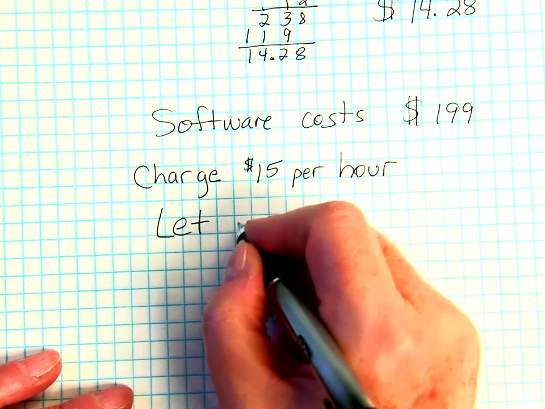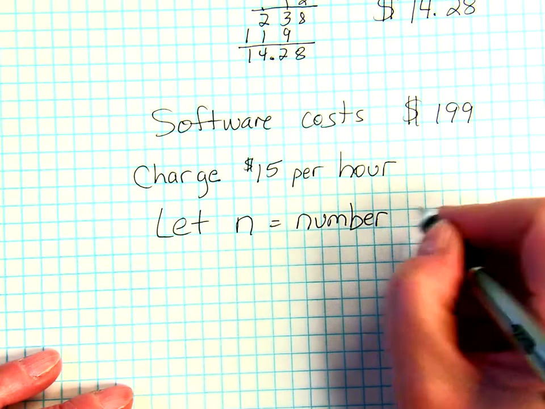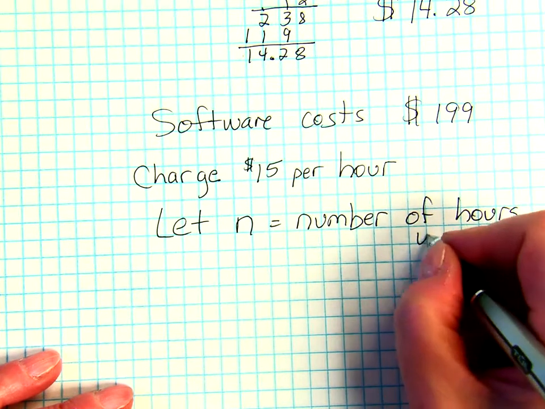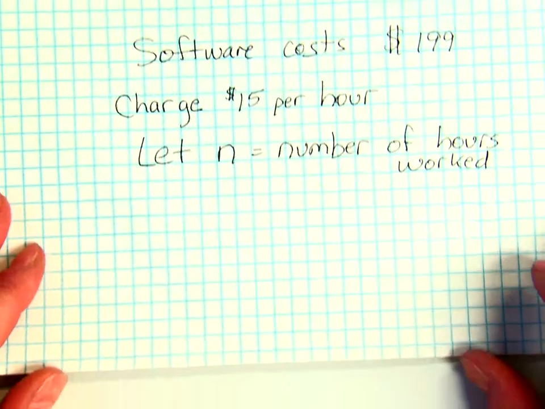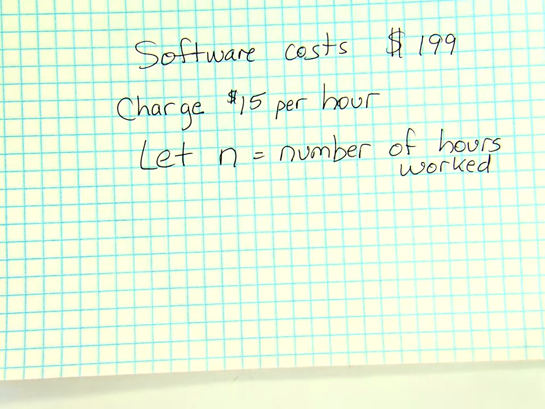Okay, so let's start simple and say let n equal the number of hours we work. Number of hours worked. Okay, so that's pretty important. And we know that we charge $15 per hour. But what are they actually asking us here? They want us to write a rule to describe our profit as a function of the number of hours we work.